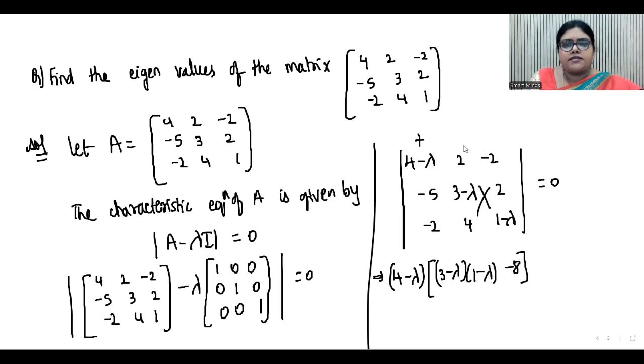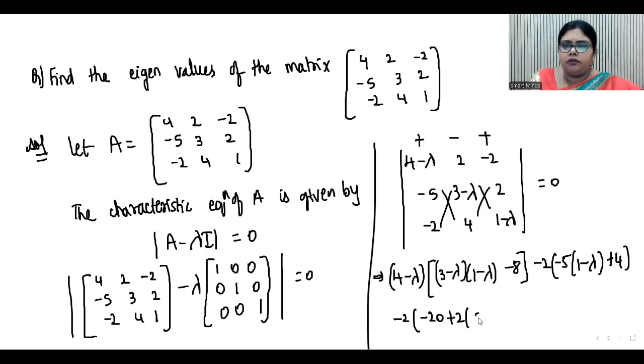Now, this is plus, this is minus, this is plus. So, we take minus 2. Now, we have to cross multiply the corners. So, minus 5, we multiply with 1 minus lambda. Minus of minus 4 will become plus 4. Now, minus 2 into, now let's cross multiply this. Minus 20 plus 2 into 3 minus lambda. This is how we expand the determinant.